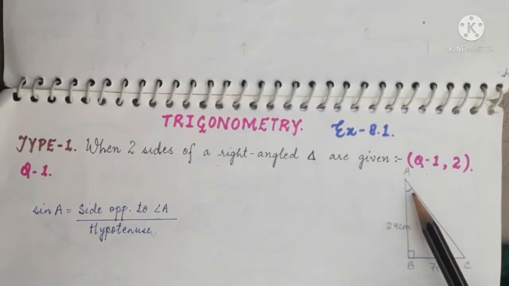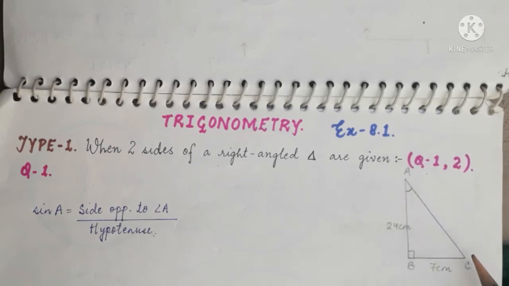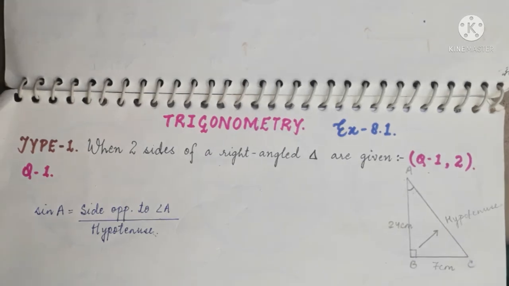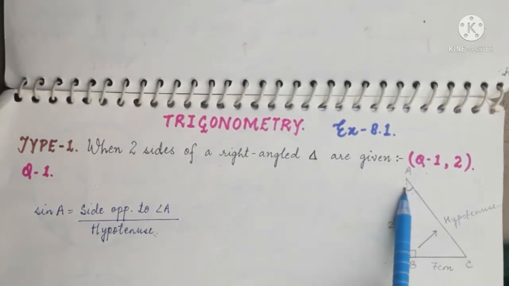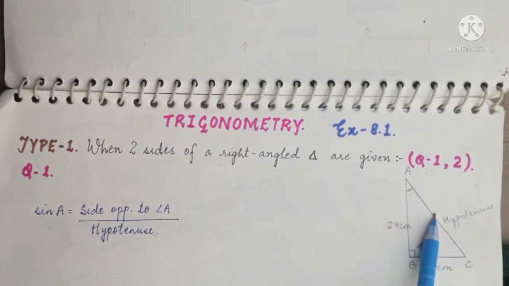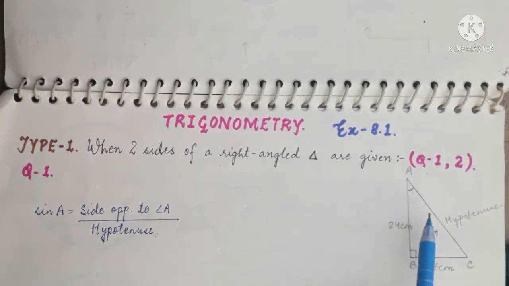So side opposite to angle A is BC and the hypotenuse is AC. Hypotenuse is the side opposite to the right angle.